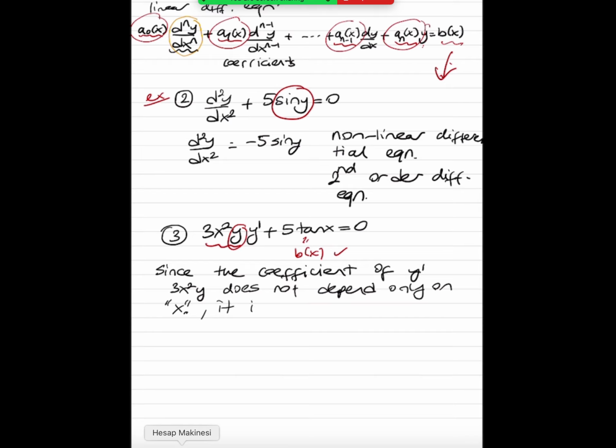Because of this reason it is non-linear. What is the order? It is a first order ordinary differential equation. Great.